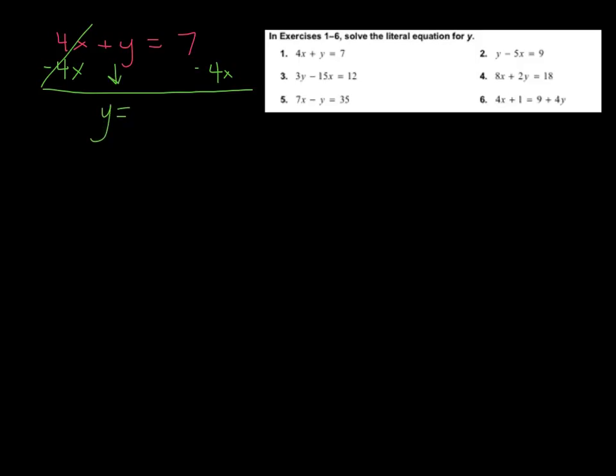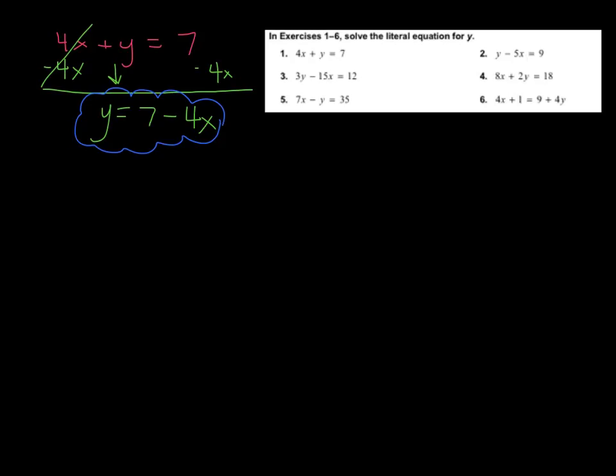But on the left side, you can't actually subtract 4x from 7 because they're not like terms. So remember, we just copy the problem down. So we bring down our 7 and we have minus 4x. And now you have solved for y. You got y by itself.